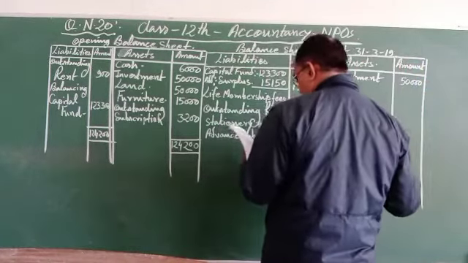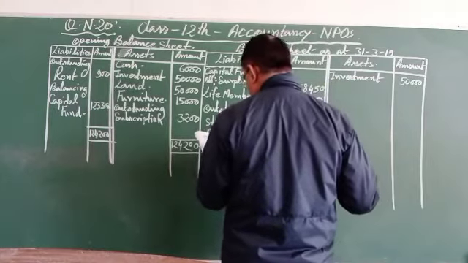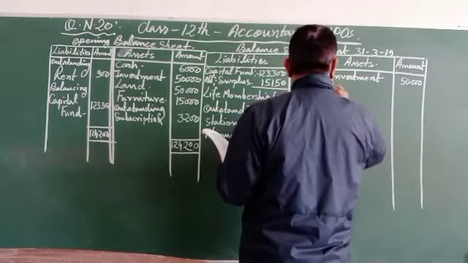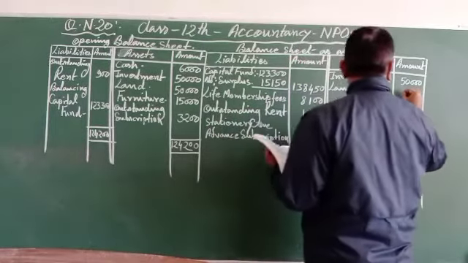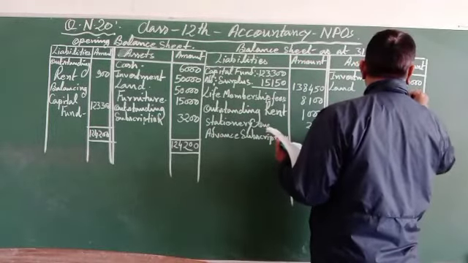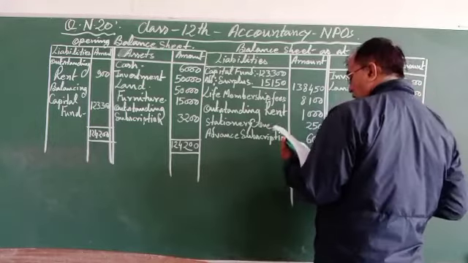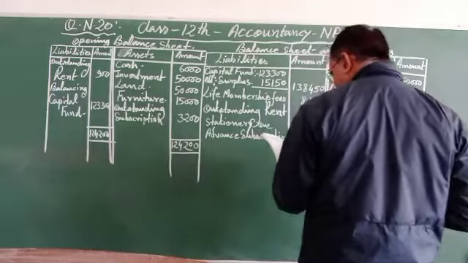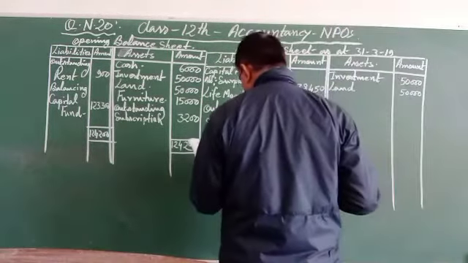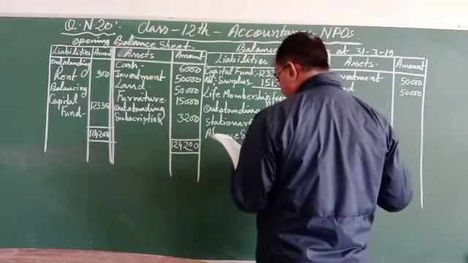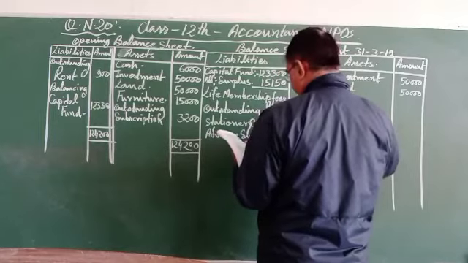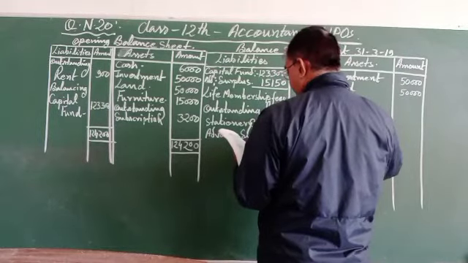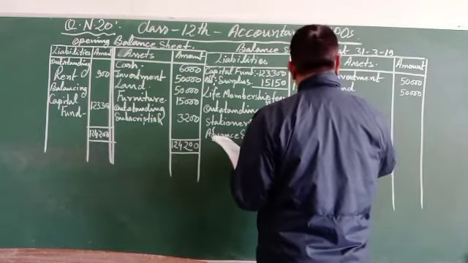After that, land 50,000. Furniture 15,000.